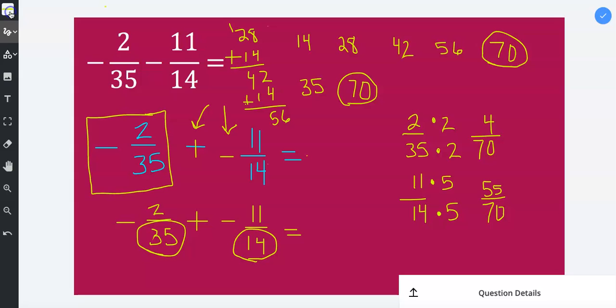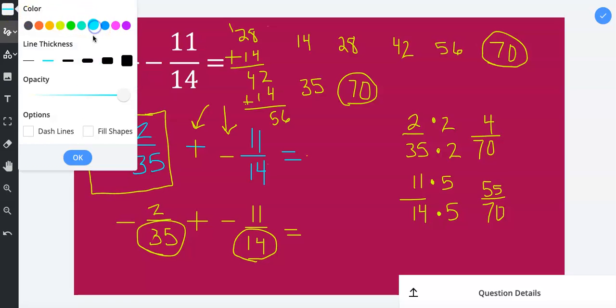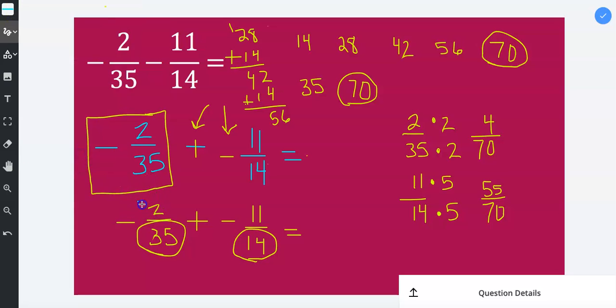So now I'm going to come down here to this problem, and instead of it saying -2 over 35, it's going to read, well, 2 over 35 equals 4 over 70. So -4 over 70. I copy the addition problem.